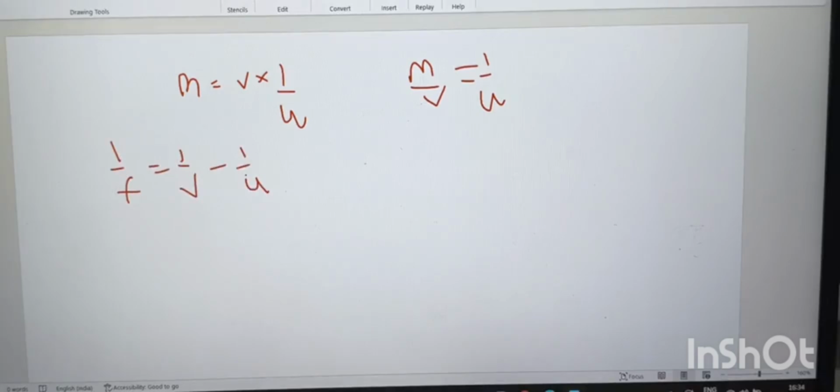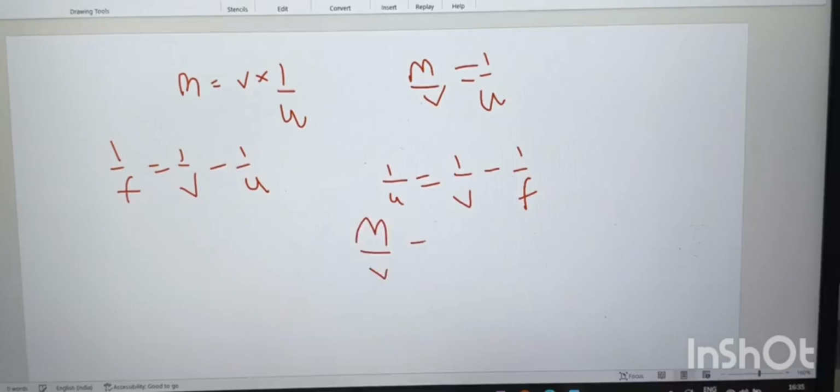I will send 1 by u to this side and 1 by f to the other side. Then 1 by u becomes positive: 1 by u is equal to 1 by v minus 1 by f. We already know the 1 by u value, that is m by v. So substitute: m by v is equal to 1 by v minus 1 by f.